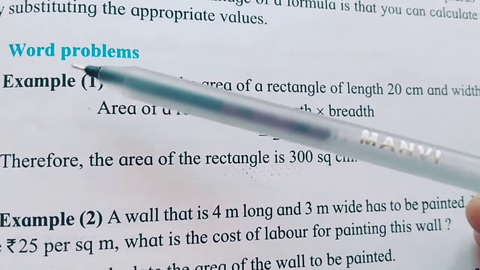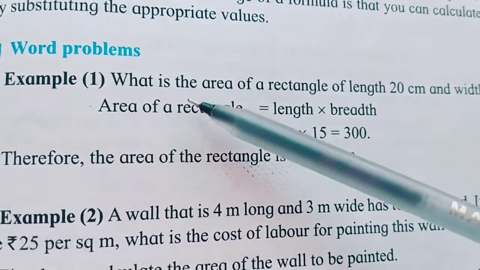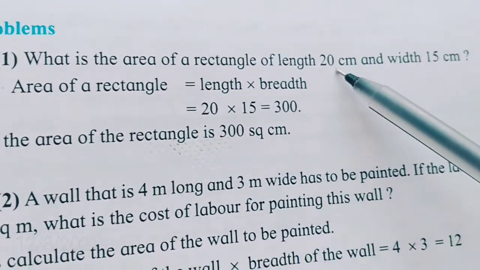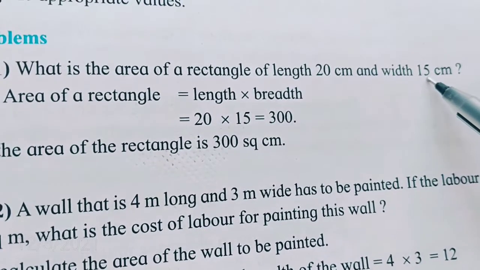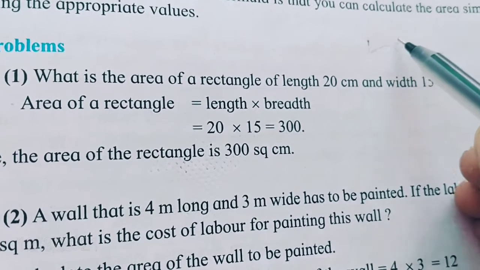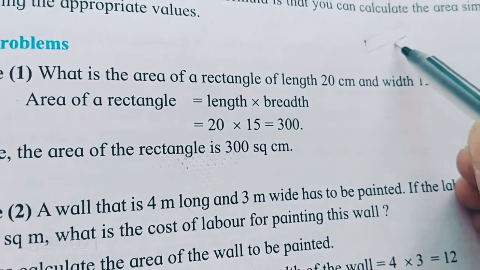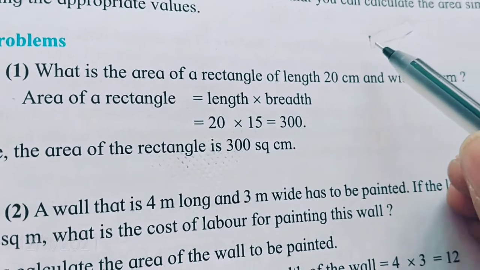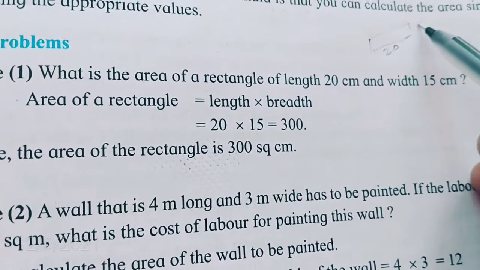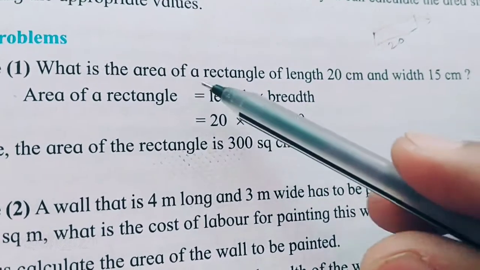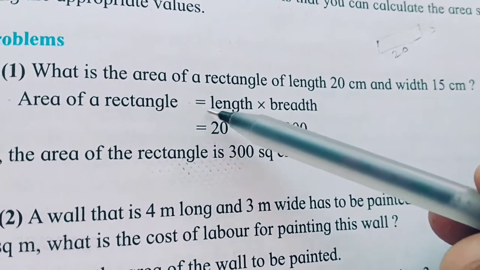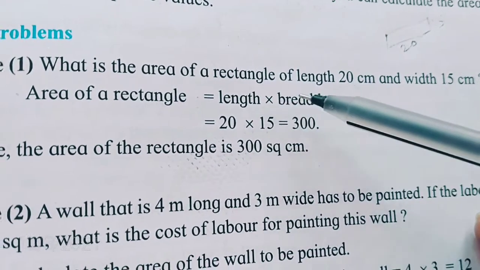Let's check out word problems to understand the formula. What is the area of a rectangle whose length is 20 cm and width is 15 cm? This is a rectangle. If the length is 20 cm and width is 15 cm, then we have to find the area of the rectangle. So the formula for the area of a rectangle is length into breadth.